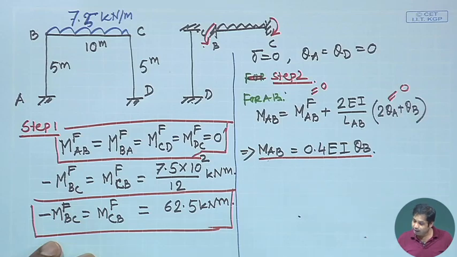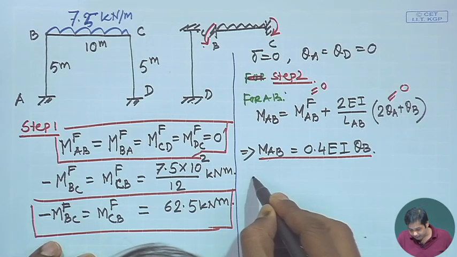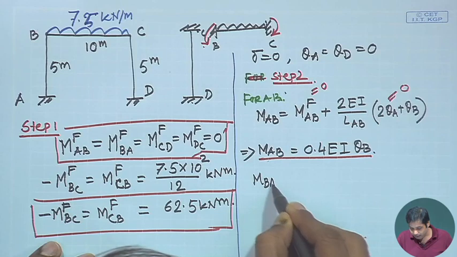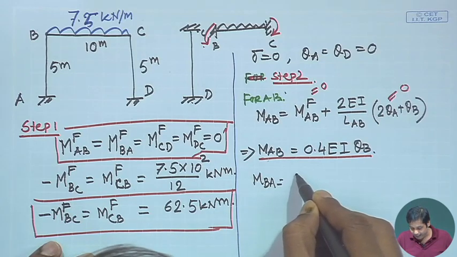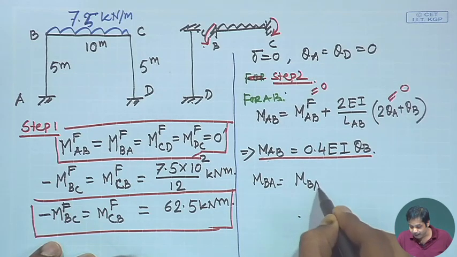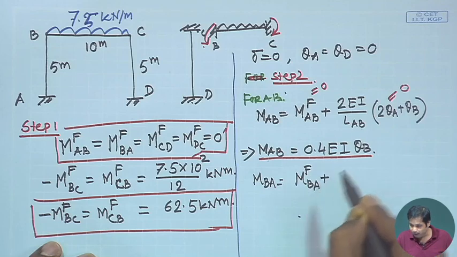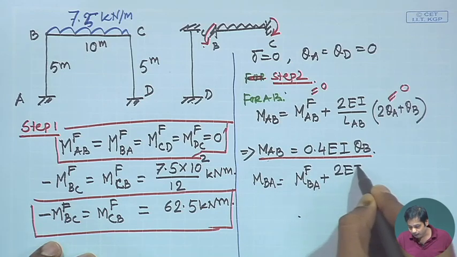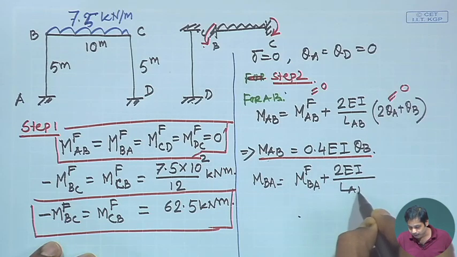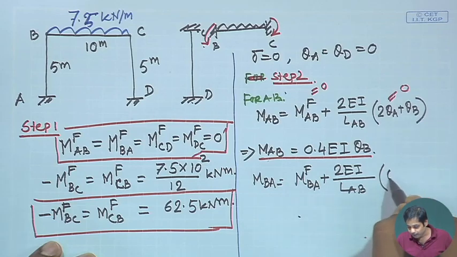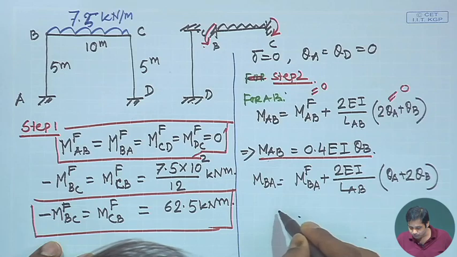Okay. Similarly, we can do it for BA. MBA will be MBA fixed end moment plus 2 EI by LAB into theta A plus 2 theta B, delta is equal to 0.